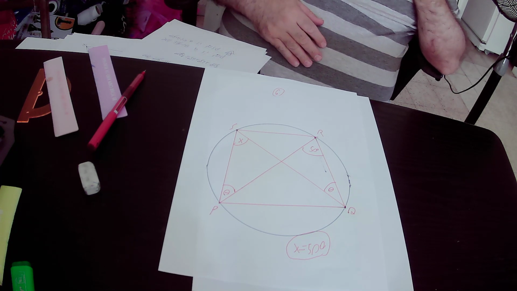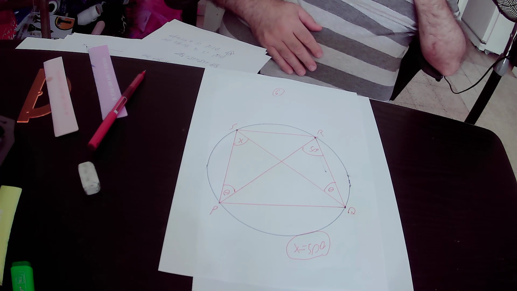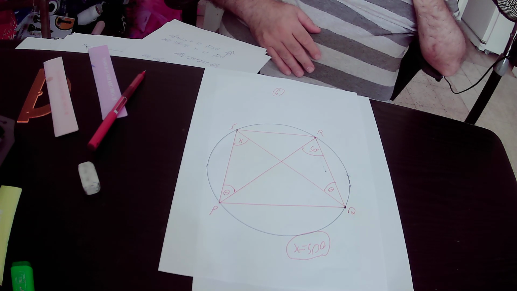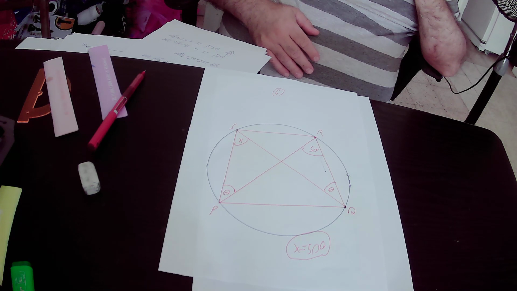But we also know that peripheral angles that subtend on the same chord are equal to each other.